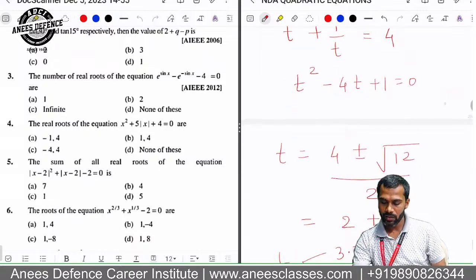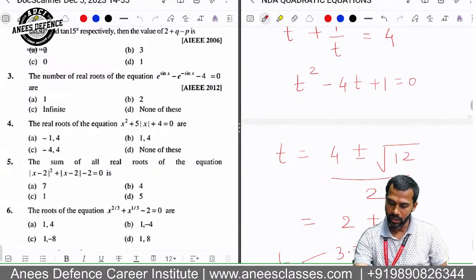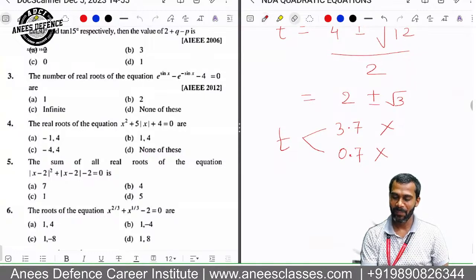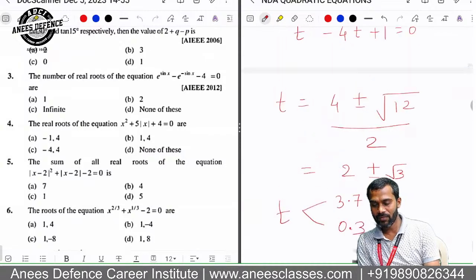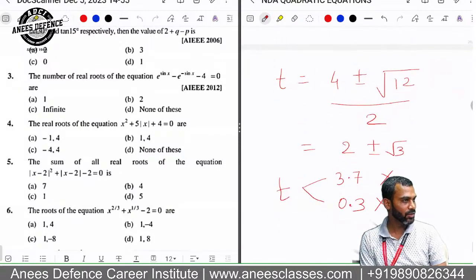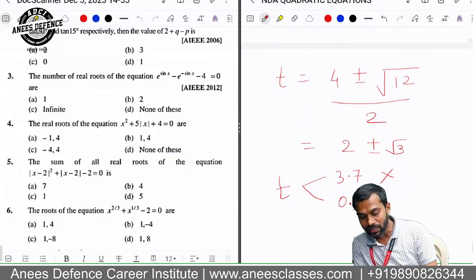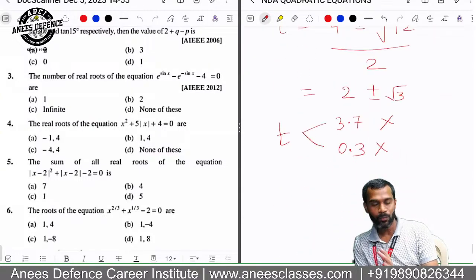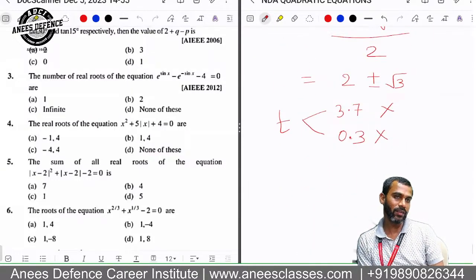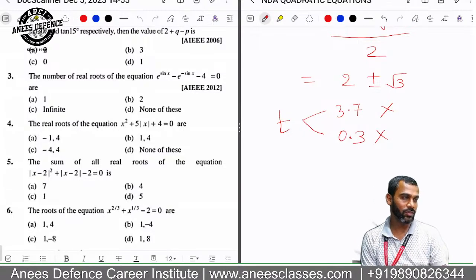Okay. 2 minus 1.7 is 0.3. Now if you see, 0.3 and 3.7 both do not lie in the interval. It means we will not get any solution.